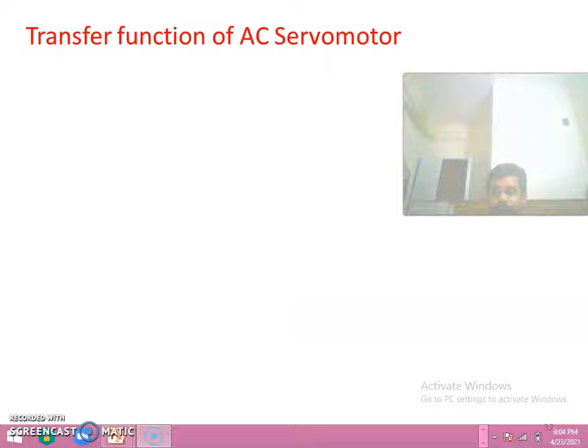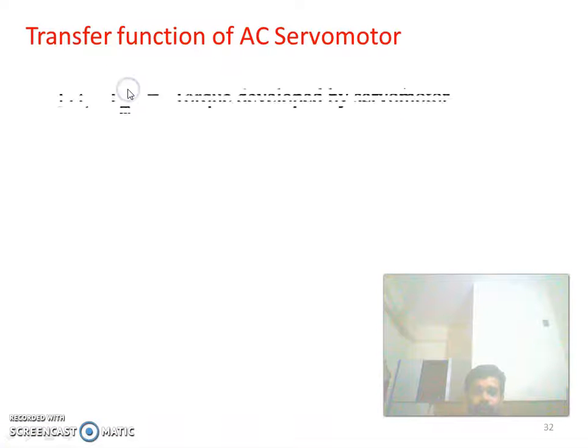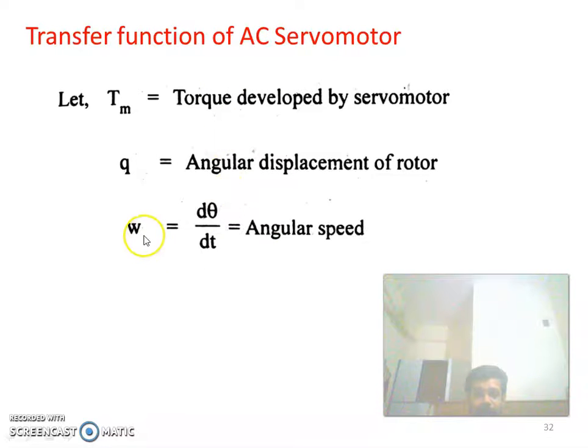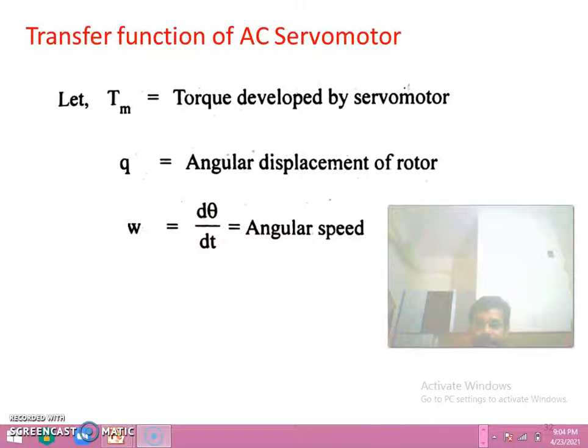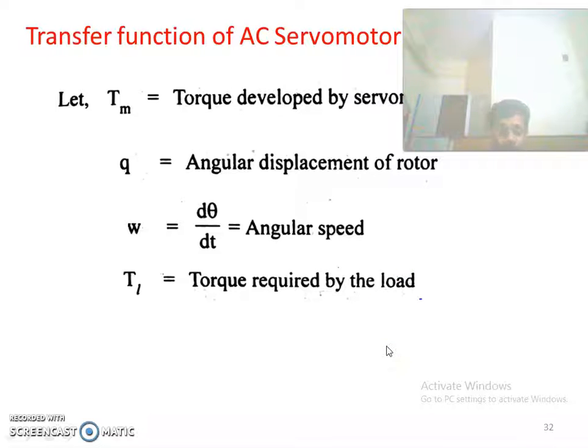Now we are going to find the transfer function of the AC servo motor. Let Tm be the torque developed by the servo motor and theta the angular displacement of the rotor. Omega is nothing but d theta by dt, the angular speed. TL is the torque required by the load.